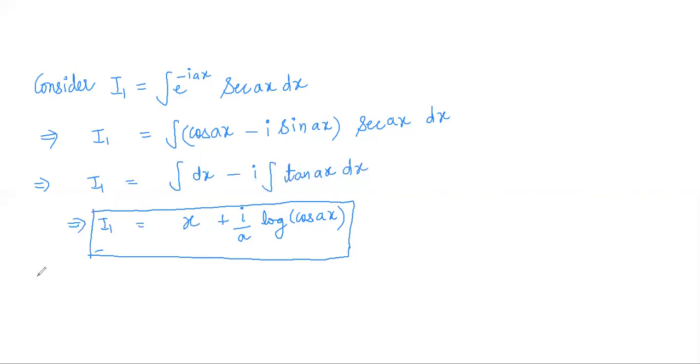So I can write directly I2, x plus iota by a log cos ax, this will be the I2. You can check it, it will be the same. The process is same. The difference will be only that if you will be having here e raised to power iota ax, this formula will become cos ax plus iota sin ax. So I can name this as 2 and this as 3.